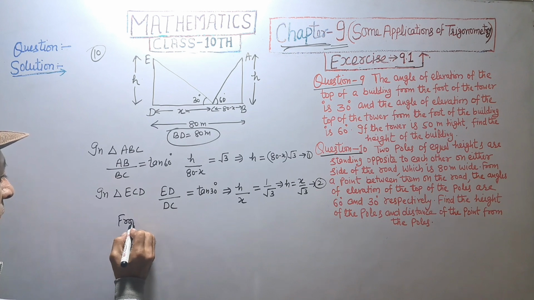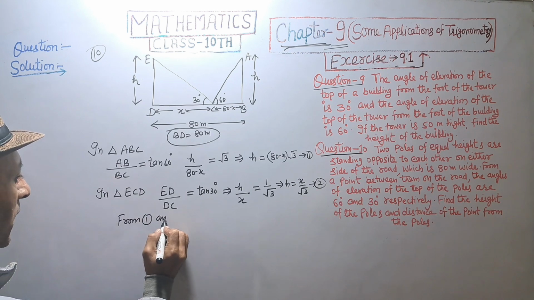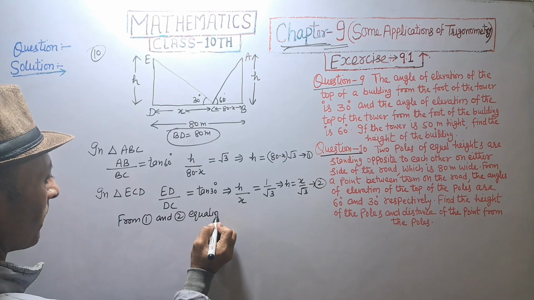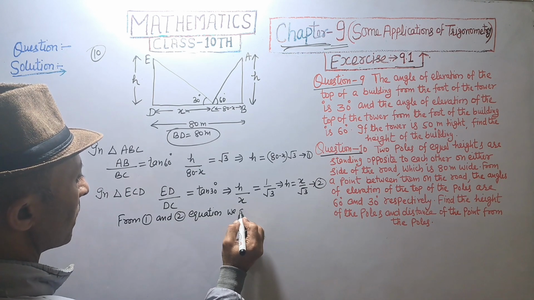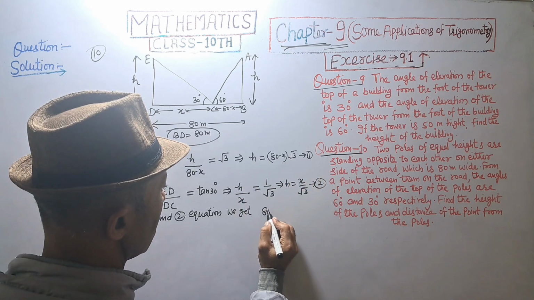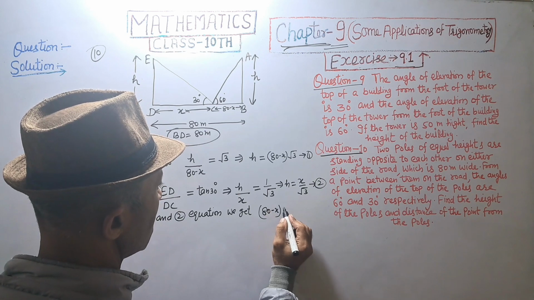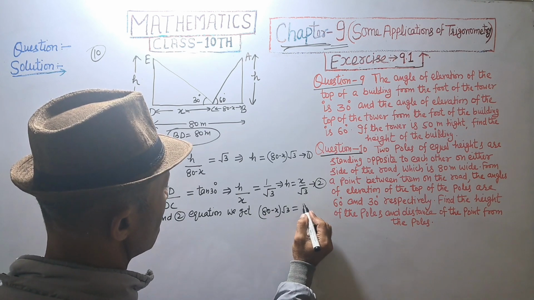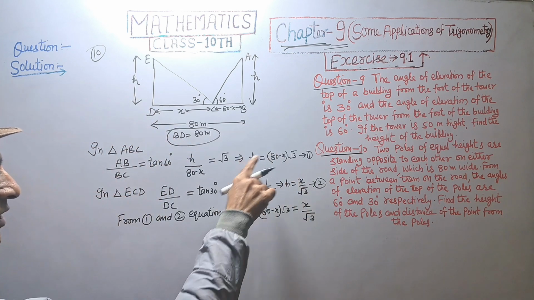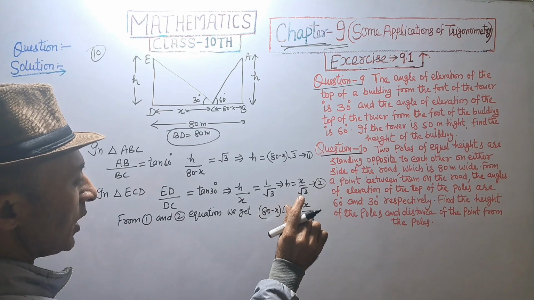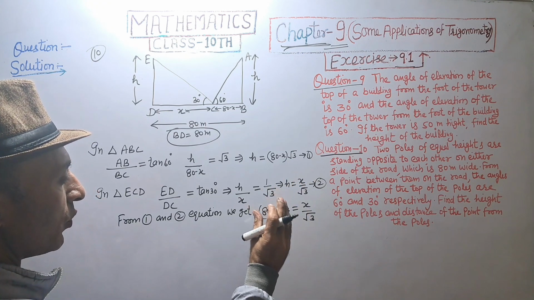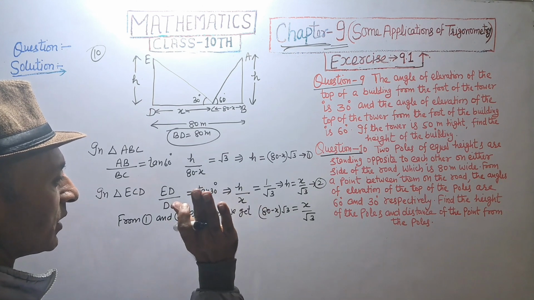From first and second equation, we get first equal to second. 80 minus X √3 is equal to X upon √3. We are equating H is 80 minus X √3 and H is equal to X upon √3. So we get the value of X.